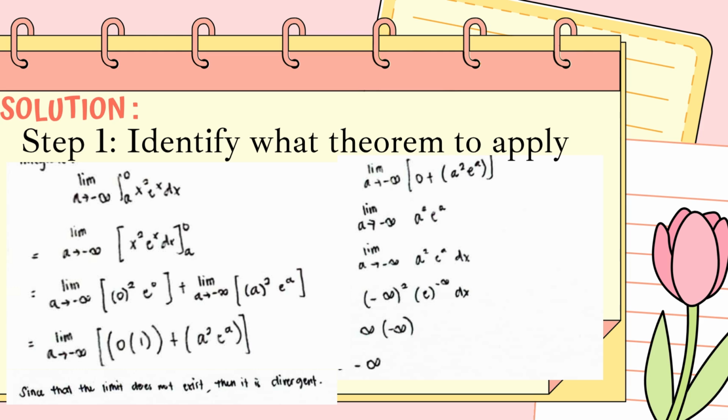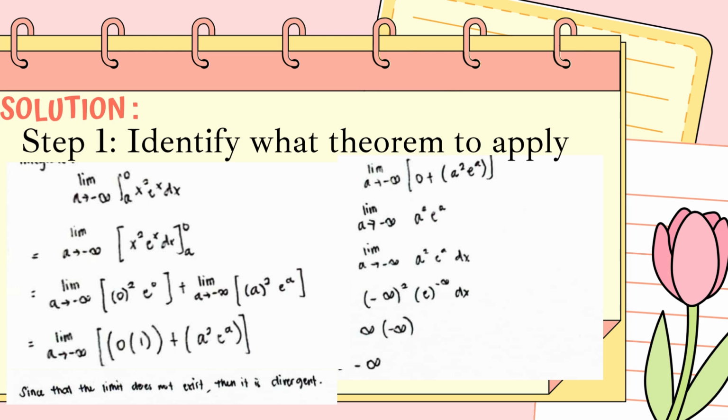We will integrate now. So we have the limit of 0 squared times e to the 0 plus the limit of a squared times e to the power of a, where a approaches negative infinity.